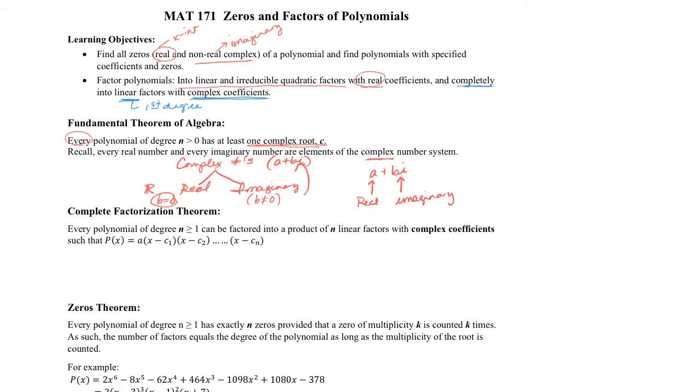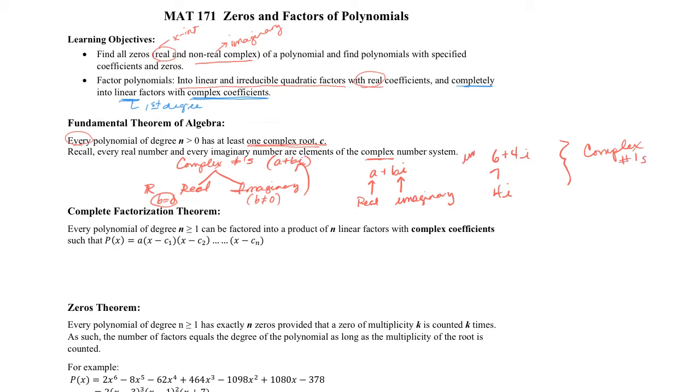Okay, so for example, 6 plus 4i is an imaginary number because it has the imaginary component. 7 is a real number. 4i is an imaginary number. Each one of these is a complex number. They are all complex numbers.